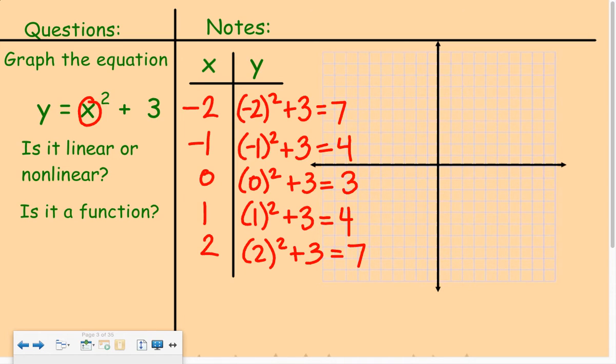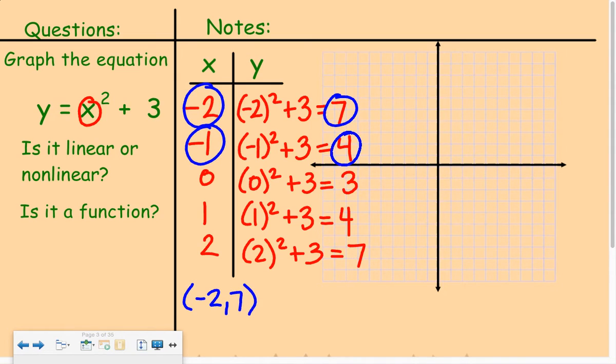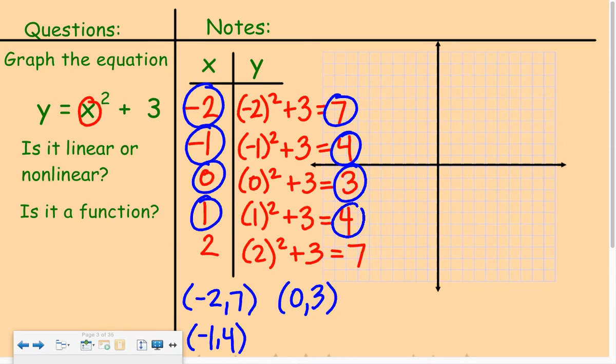So this time our 5 ordered pairs are -2, 7. -1, 4. 0, 3. 1, 4. And 2, 7.